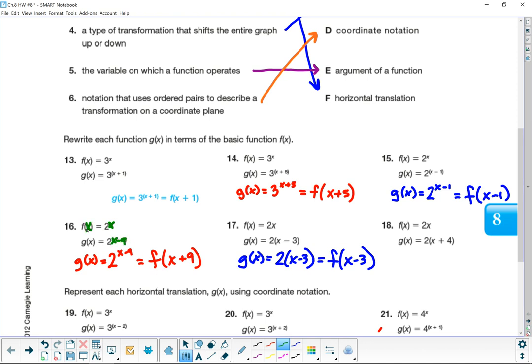So instead of f of x, we're going to replace it with x minus 9. That's all we're doing. Or x plus 9, or that's minus 9. I don't know why I wrote plus. Good thing I went back and looked at it. So instead of f of x, we're just going to write down f of x and then minus 9. That's what it really comes down to.